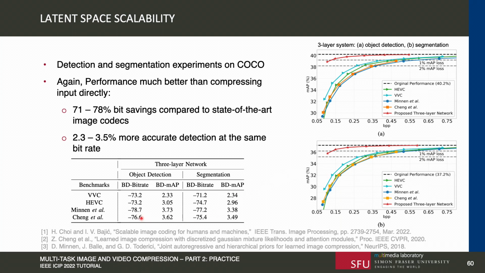In terms of the BD bitrates, the savings are up to almost 80% compared to conventional image codecs, and that translates into something like 2.3 up to almost 4 percentage points on the mAP scale. That's for object detection, and similar gains are observed in the case of instance segmentation.